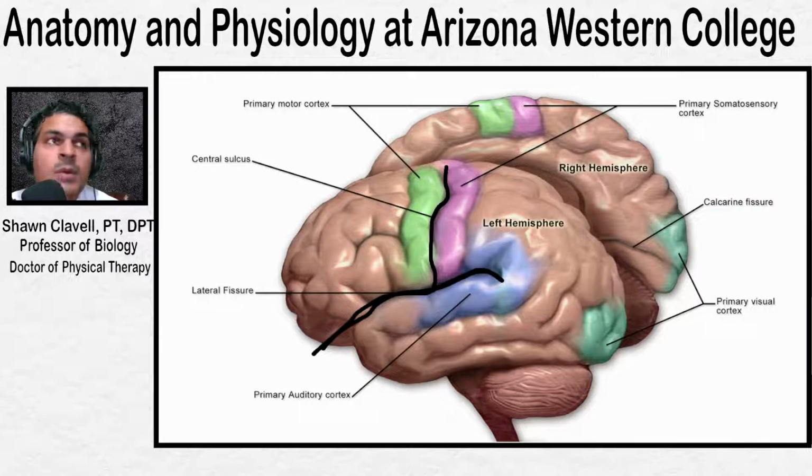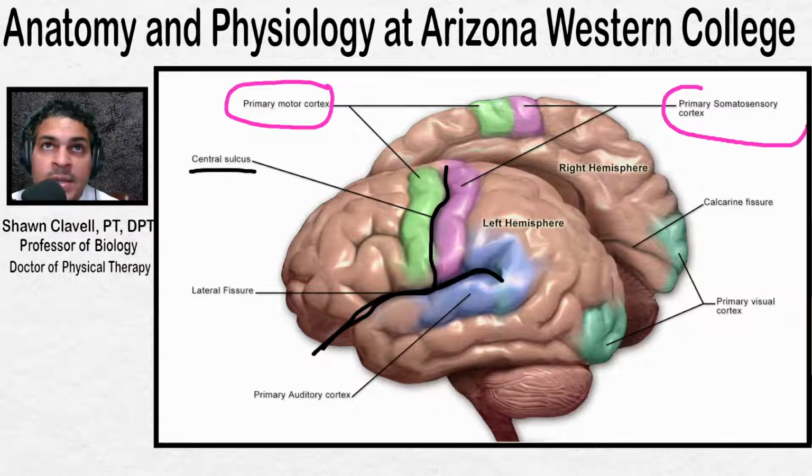So there's the central sulcus. Located just anterior or rostral to the central sulcus, you'll see the primary motor cortex. Posterior to the central sulcus, you'll see the primary somatosensory cortex, right?